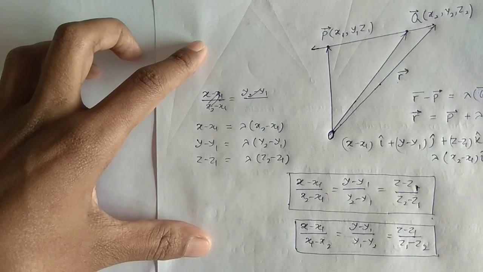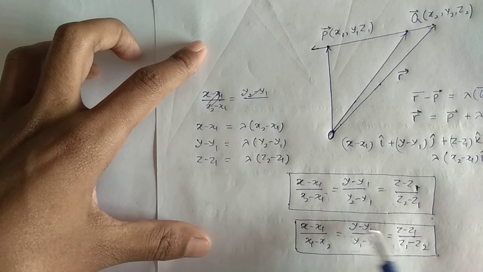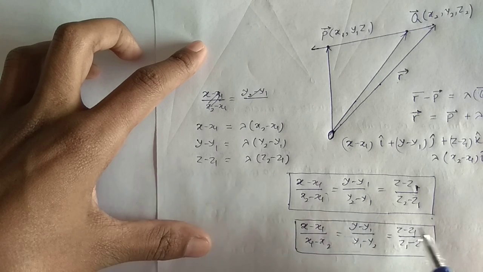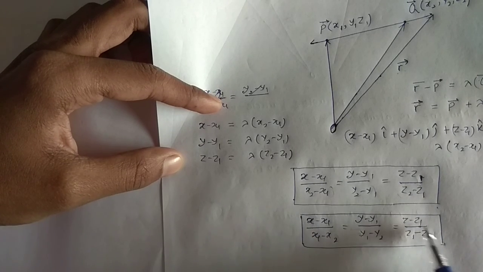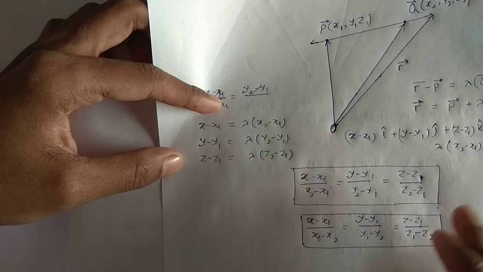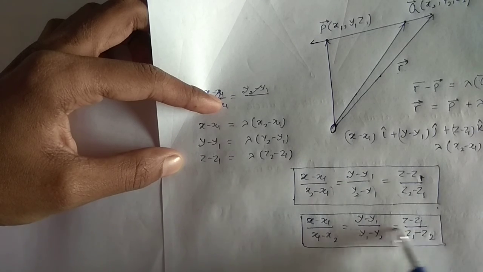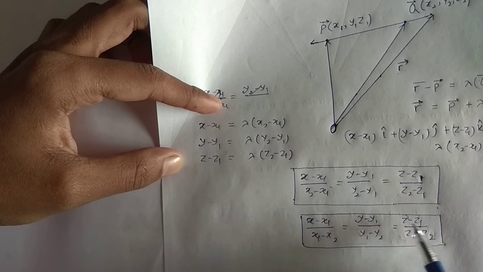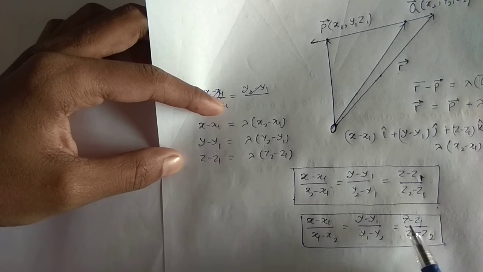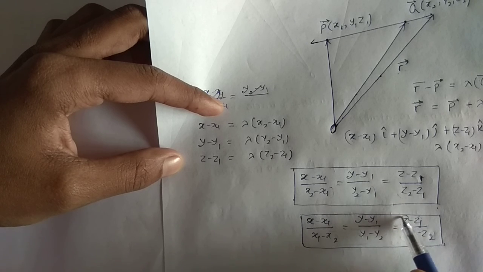It is the same equation as you wrote in 2 dimensions. If you write this equation, it is also applicable in 2 dimensions if putting the z coordinate 0. Suppose we are writing the equation of straight line in the xy plane. So in the xy plane, the z coordinate must be equal to 0. Student, be careful: it may or may not be 0.